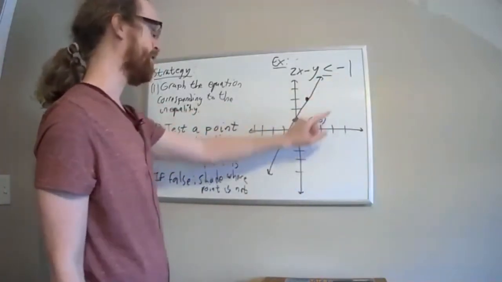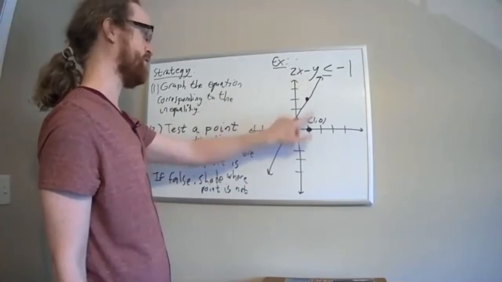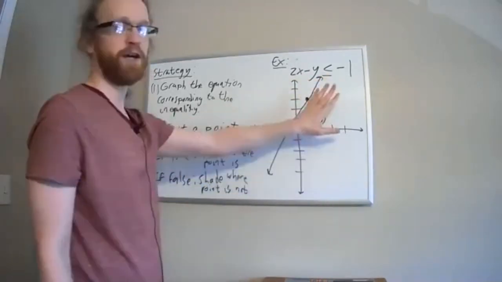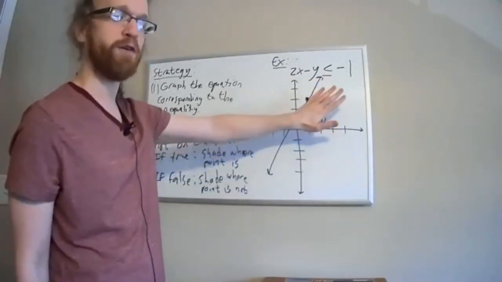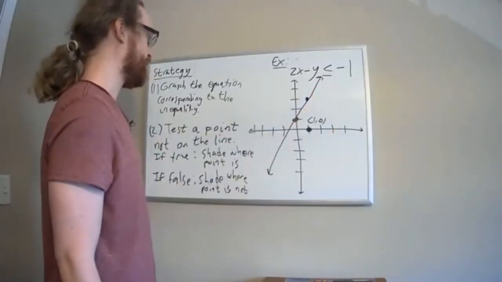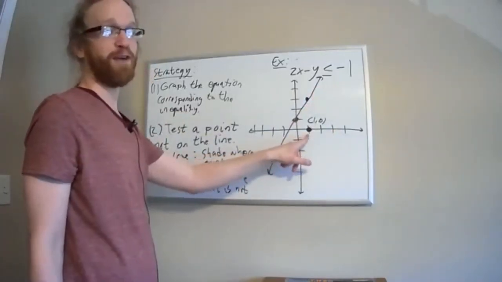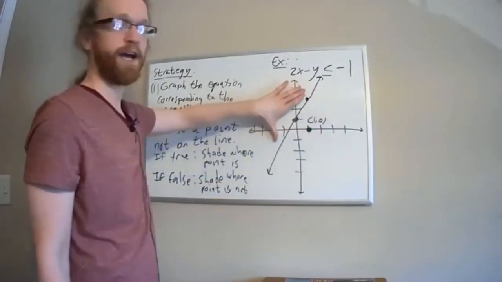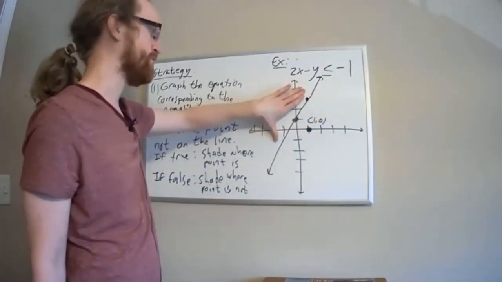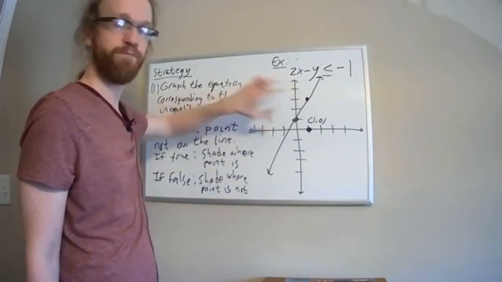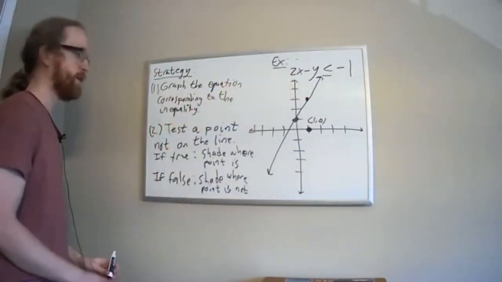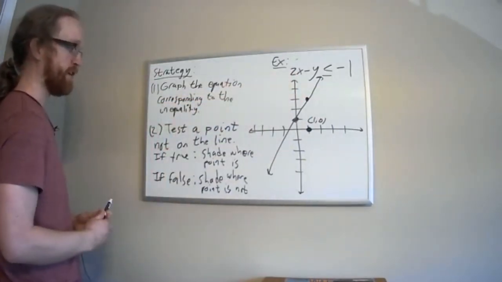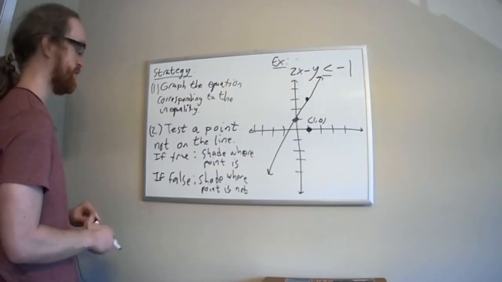Because it turns out that if this point satisfies the inequality, every single point on this side of the line also satisfies that inequality. On the other hand, if I plug this in and I get a false statement, then this is the wrong side, and it turns out all my solutions are actually on this side. And so I should shade everything on this side of the line. Okay. So I will do a few more examples after this one to make it clear. Let's go ahead and finish this one off.